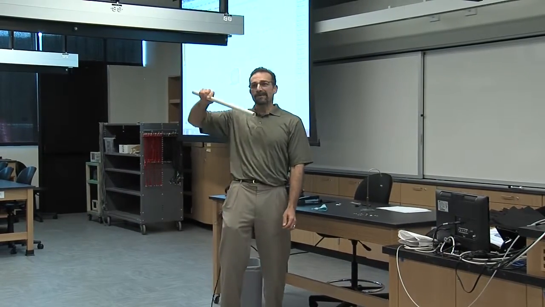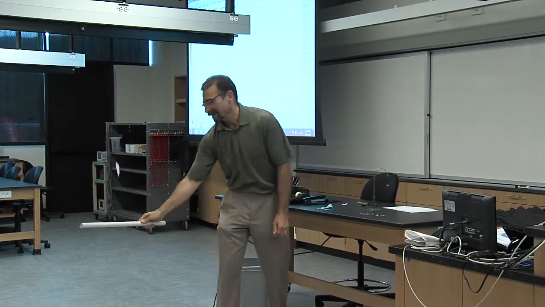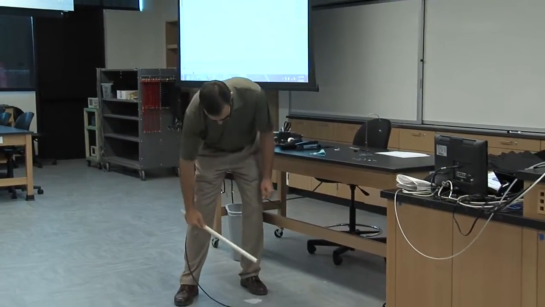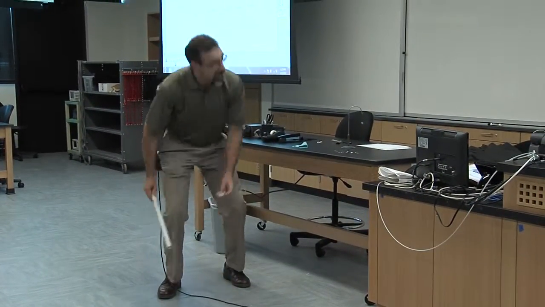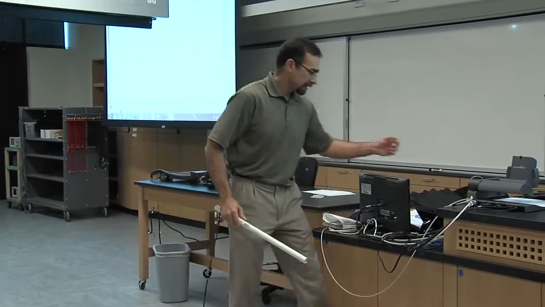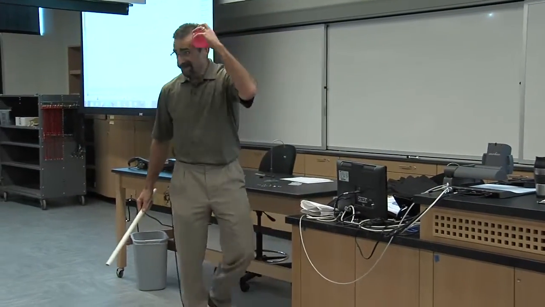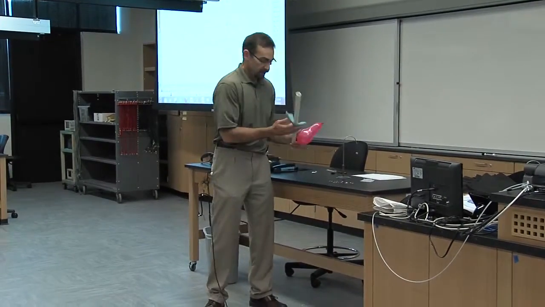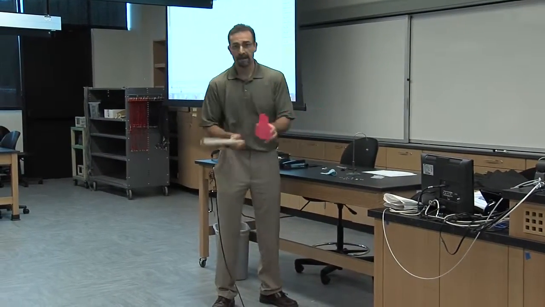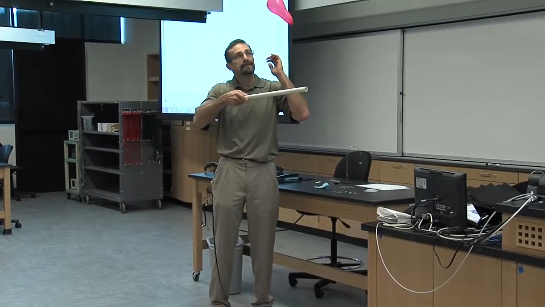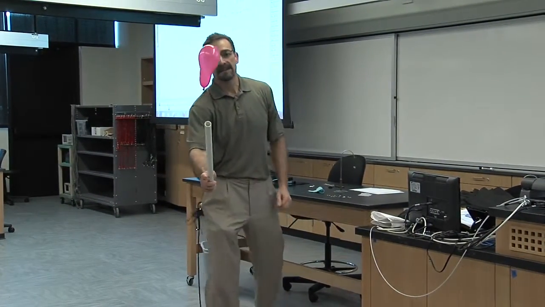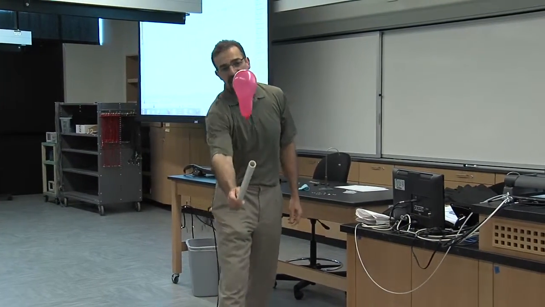I'm a little out of practice, I guess. You can see that there's an interaction, right? Maybe it's more obvious with the balloon. That's a little easier, isn't it? So those are both charged with the same type of charge.